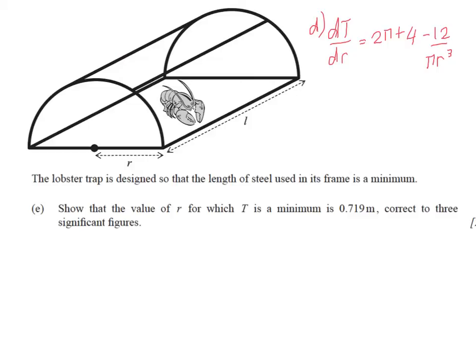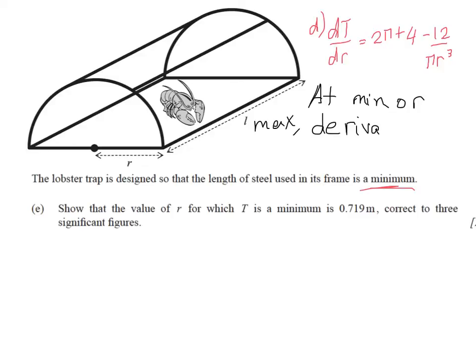Okay, so now we're getting into the true purpose of the problem, and that's to minimize the length of steel needed to make this trap. All right, the most important thing that you have to remember, and this is every single one of these optimization questions, every calculus question that mentions the word minimum or maximum, every one. It's so important that you remember that at min or max points, the derivative is always 0.